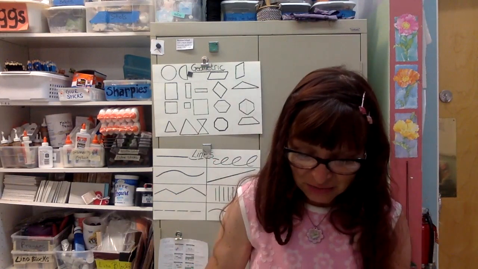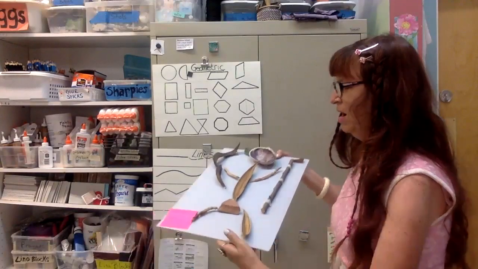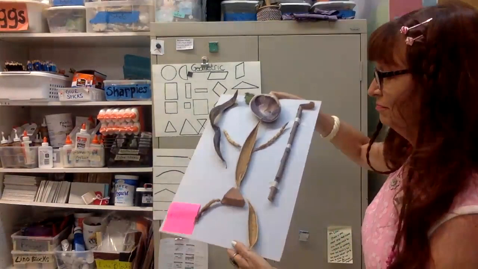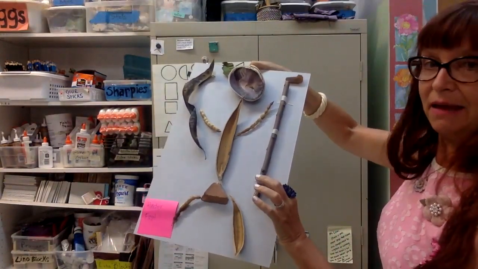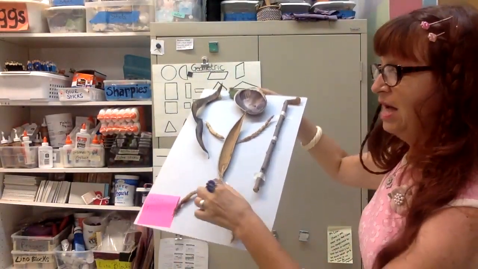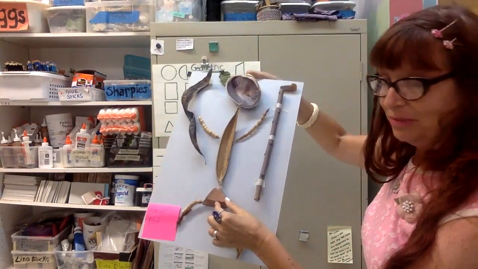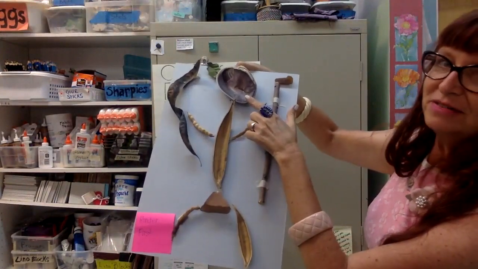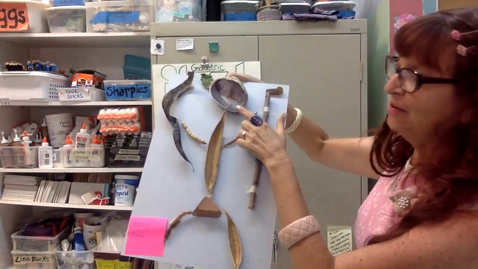So I try to walk a few times a day, and along my walks, I have found several different things. One of them was a stick in my backyard. Another one was a chip off of a brick, also in my backyard. This was a shell that I've had for a couple of years, which was on a shelf in my house.